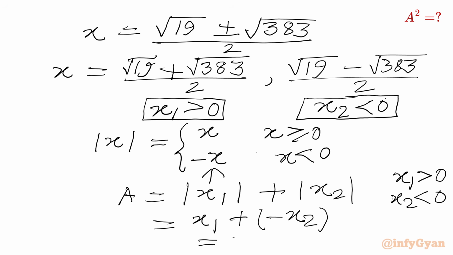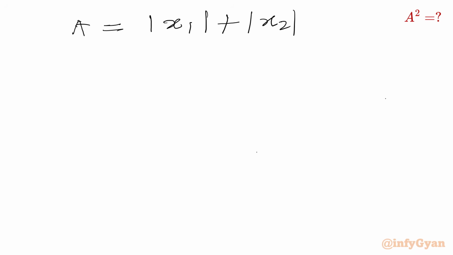That means it is equal to x1 minus x2. Let us do that. So we will get a equal to mod of x1 plus mod of x2, which will be equal to x1 minus x2.